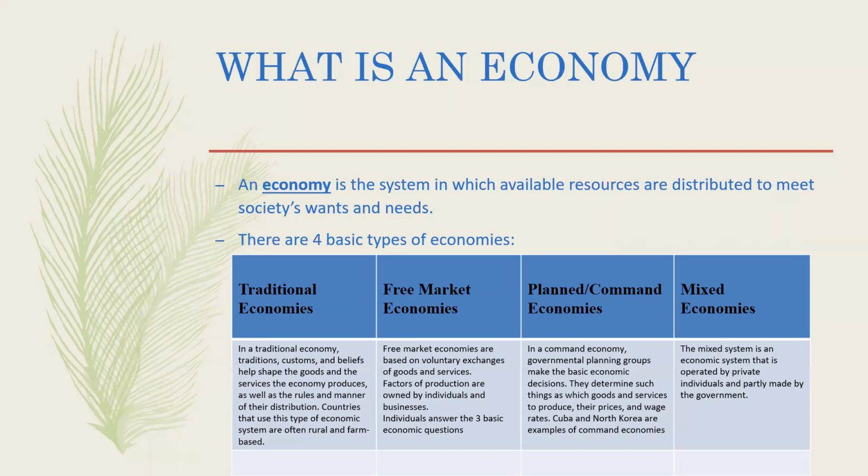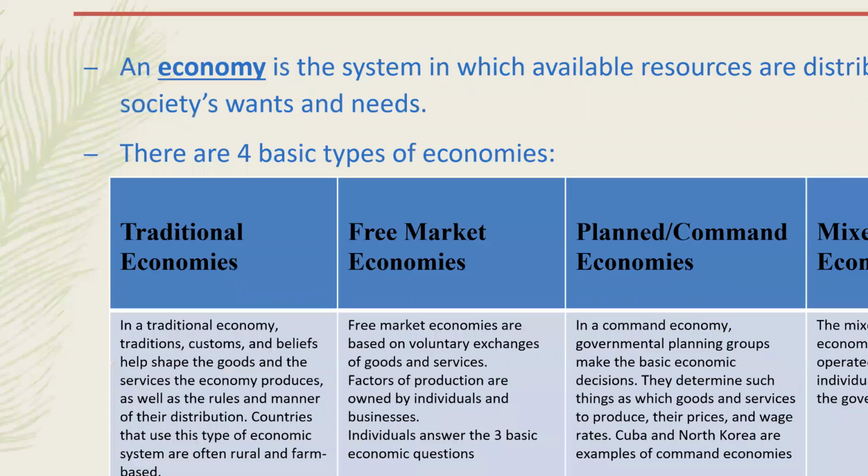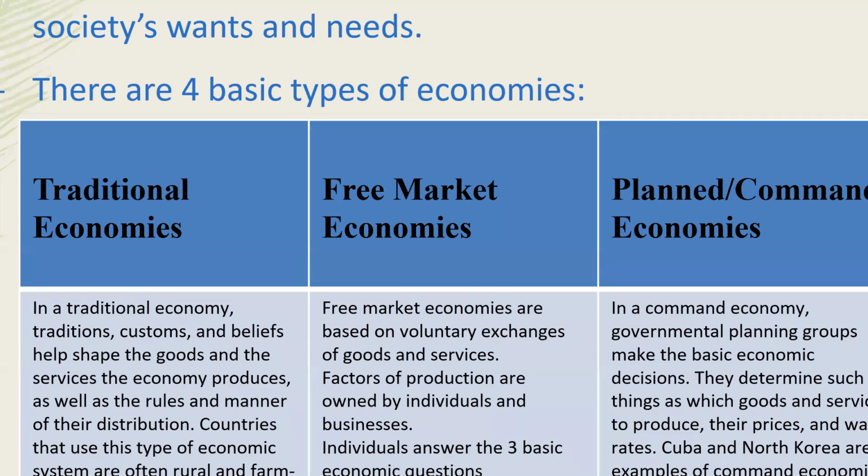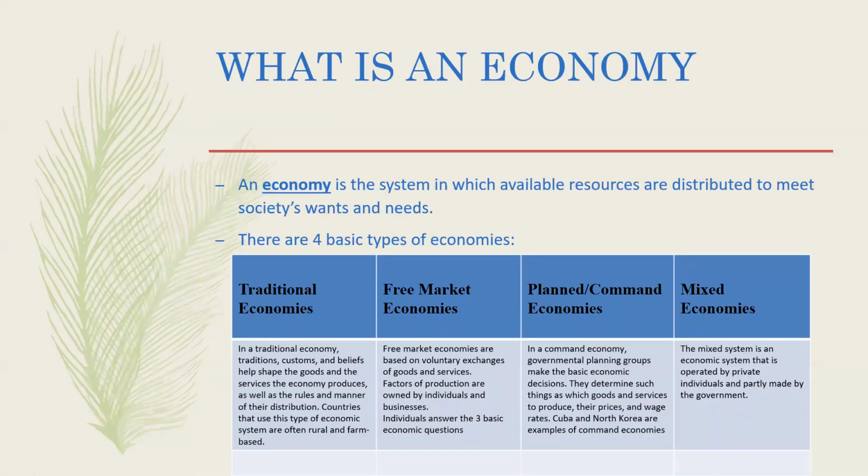So I know this might be a little small. Before I even get to the expansion, we're going to look at the definition of an economy. An economy is where we have available resources to meet society's needs and wants.